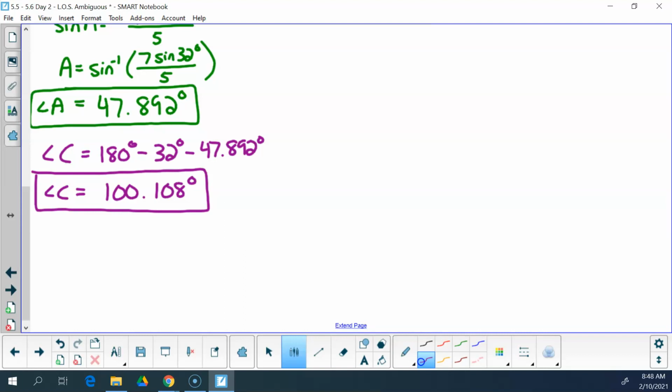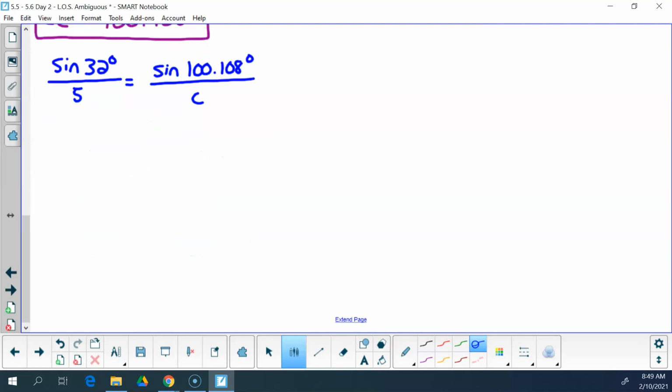Okay? And then finally, we would say that the sine of 32 degrees over, what was it, over 5? Yeah. Yep. Is equal to the sine of 100.108 degrees over side C. I'm going to extend the page again.